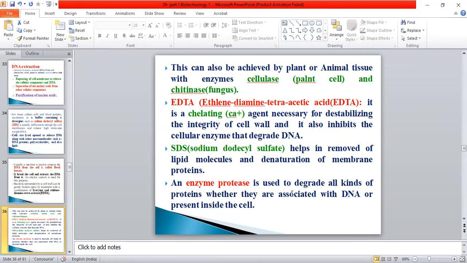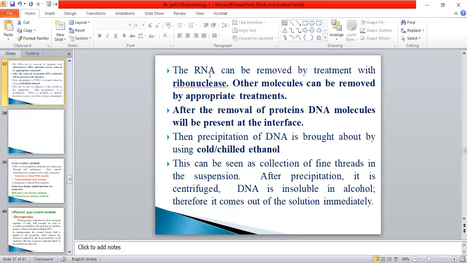The protein molecules are completely degraded, and the DNA molecule is easily isolated from the combined form to the free form. The next one: RNA can be removed by treatment with ribonuclease. Already we discussed these things also. Other molecules can be removed by appropriate treatment. Each one has a specific treatment because they have their own specific molecular weight.